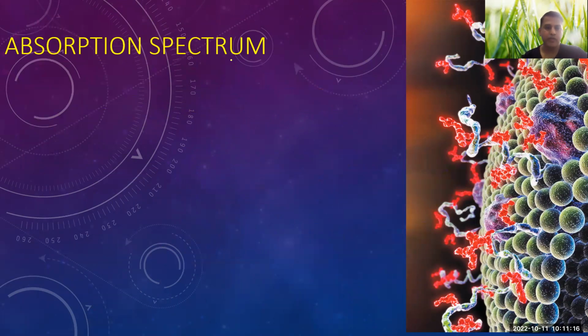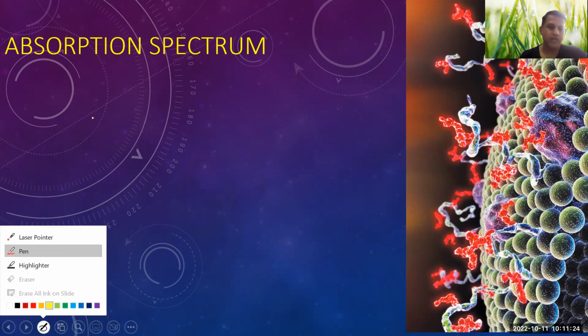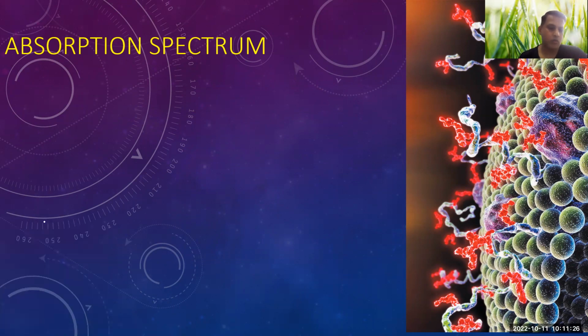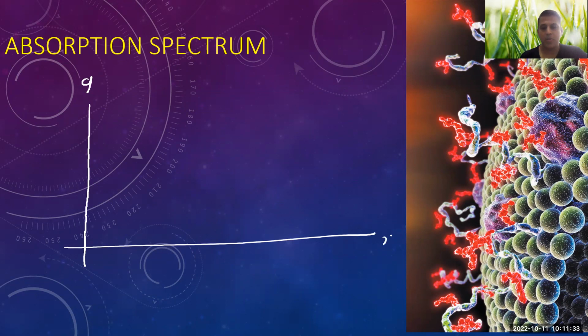Then we also learn the absorption spectrum. The absorption spectrum is like this. In a graph, we have two axes: one is the y-axis, the other is the x-axis. On the x-axis, I place the wavelength.